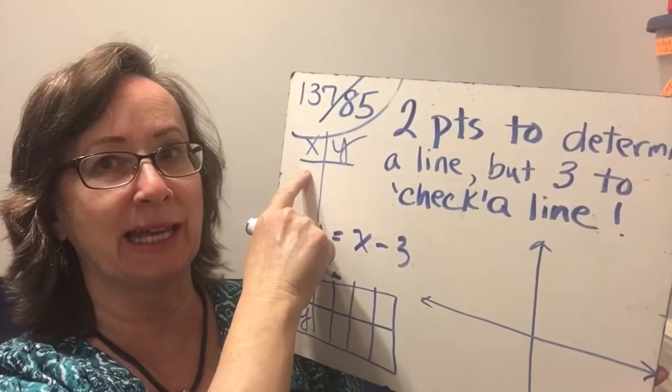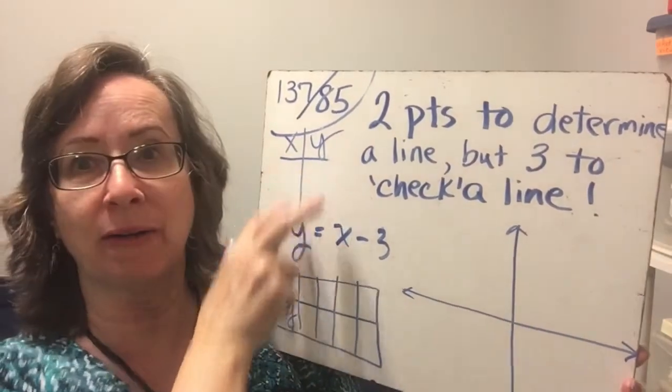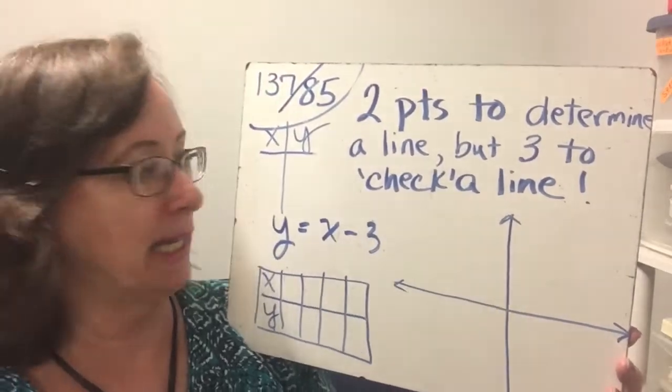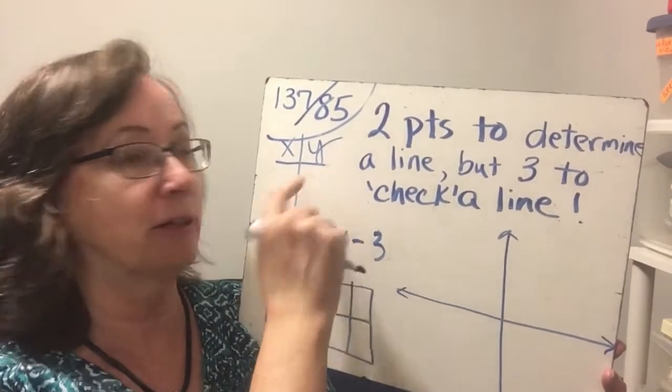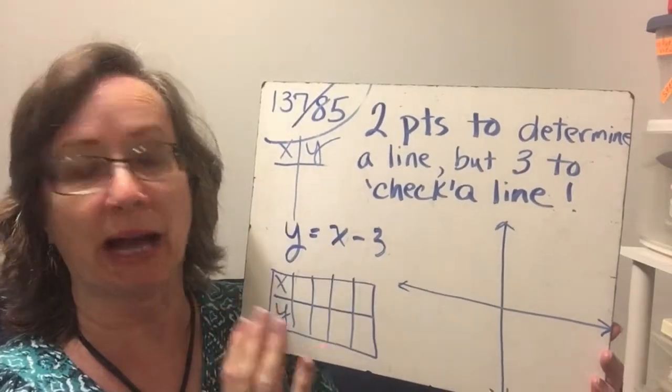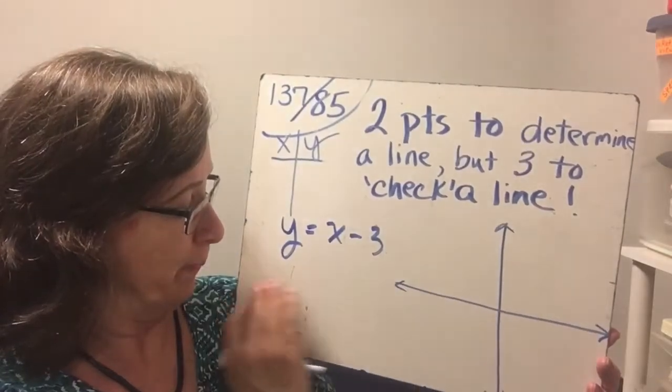So we're used to seeing X here and Y here in an ordered pair. So I've always done mine vertically instead of horizontally. You can do it either way, but this one I like better, so I'm going to do it that way.